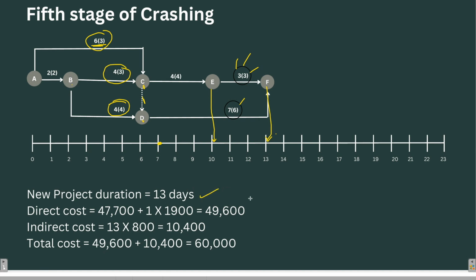Is 13 days. Direct cost is 47,400 plus 1 into 1900 because we are crashing it for 1 day, and the cost involved is 49,600. Indirect cost will be 13 into 800, that means 10,000 rupees, and the total cost involved will be 60,000.